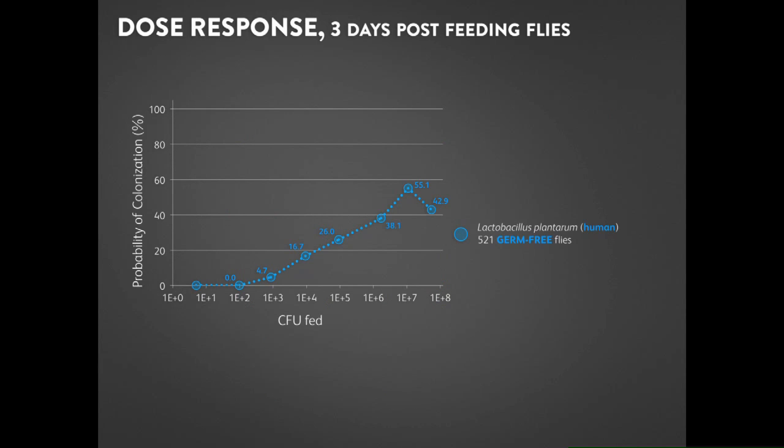So we next wanted to play with the model by applying different constraints to the fly in order to see if we could change the shape of this curve. And so since it's an immunology session, we tried to look if antimicrobial peptides were activated by the feeding of this human strain of plantarum.